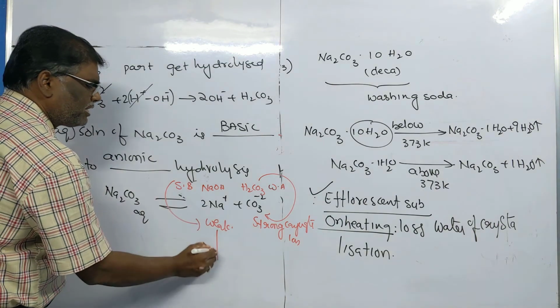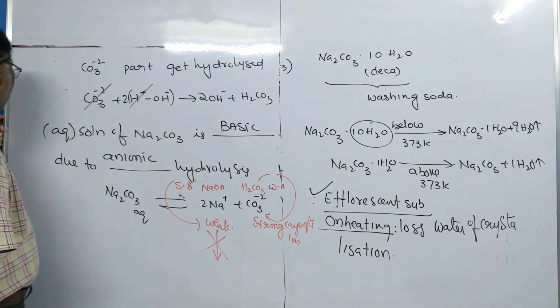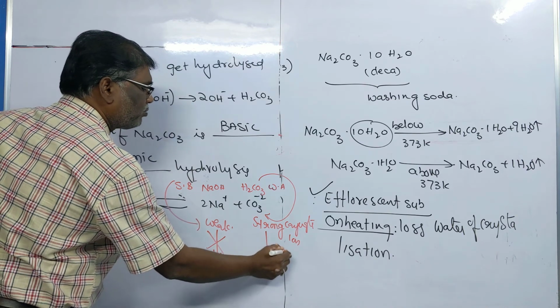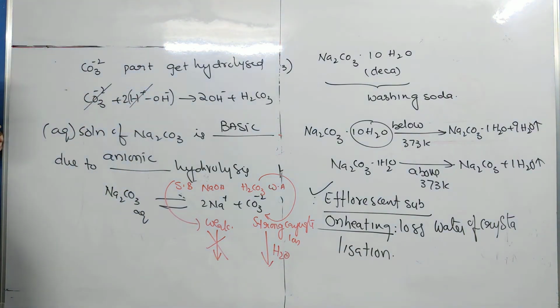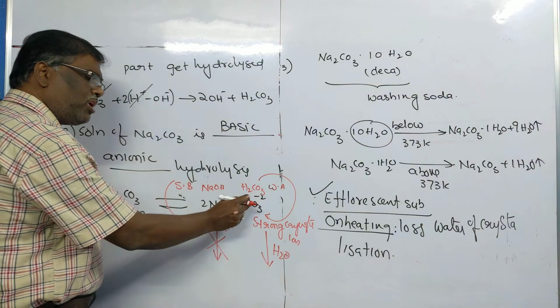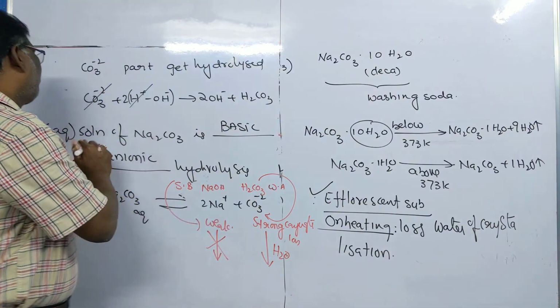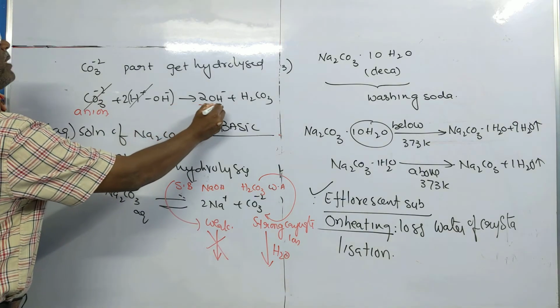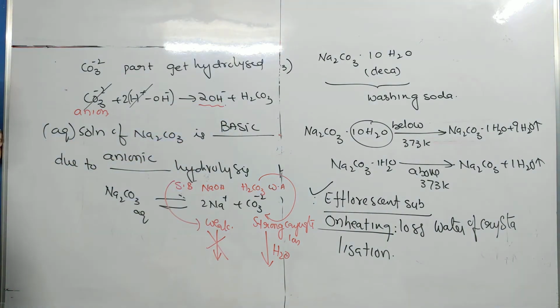So the weak conjugate acid has no reaction with water, whereas the strong ion readily reacts with water. The action of anion with water to give OH minus ions is called anionic hydrolysis. So aqueous solution of sodium carbonate is basic because of anionic hydrolysis.